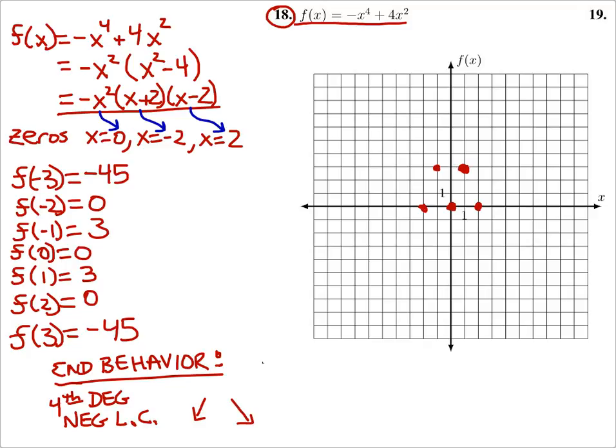So because of those two things, both arrows go down, like an upside down parabola would. Even degree, in this case it's 4, but even degree with a negative leading coefficient means it's an upside down even degree thing. The arrows both go down.